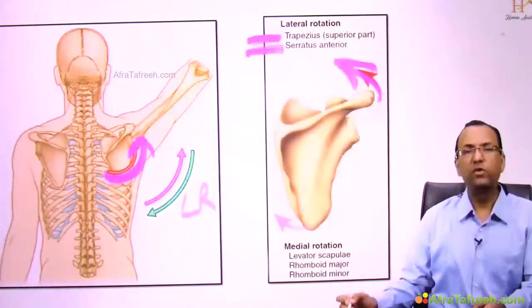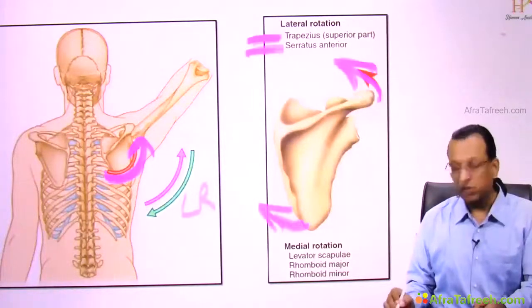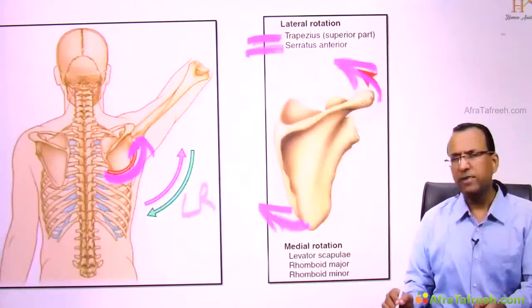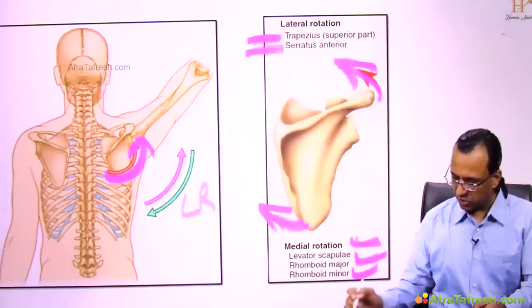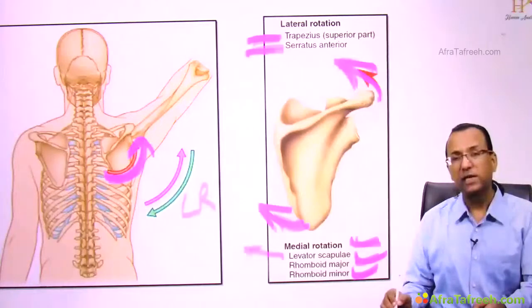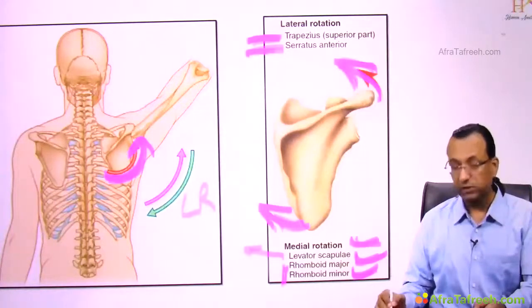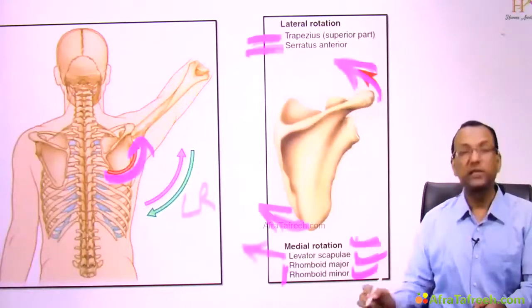Okay, then we will do the medial rotation. Who is the retractor muscle? You remember the medial border of scapula, some muscle attaching? Rhomboid and levator. But remember, levator is basically an elevator. If you have to choose, rhomboid is the first answer for medial rotation, because levator is basically for elevation.